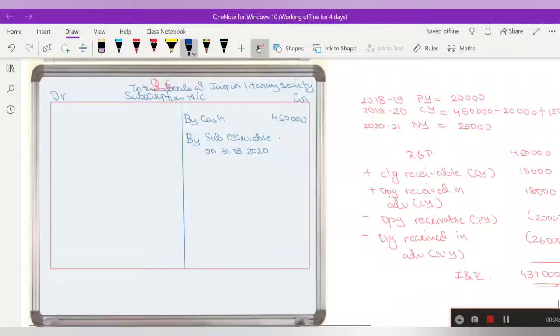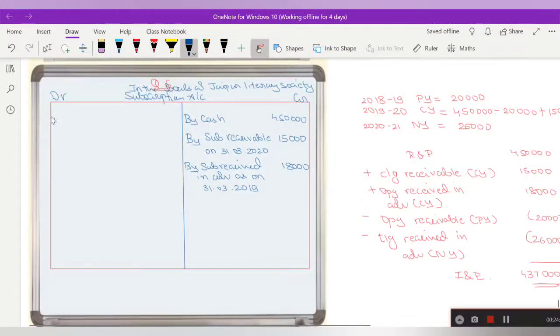How much is it? 15,000. Then by subscription received in advance as on 31st March 2019, that is opening, right? How much is it? 18,000 pertaining to current year.